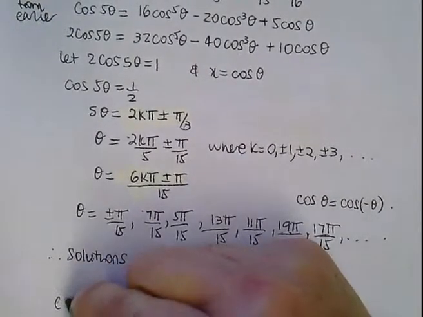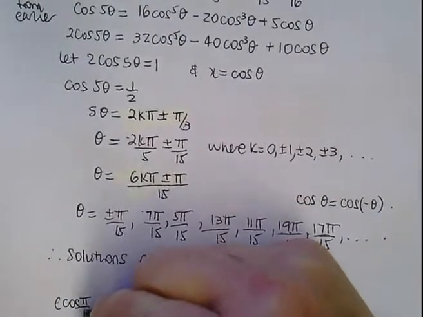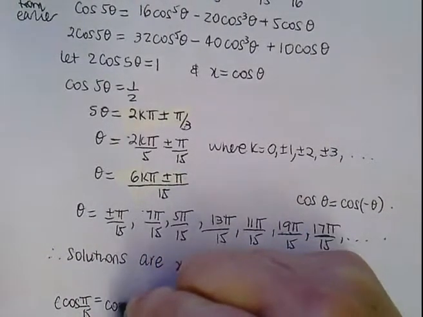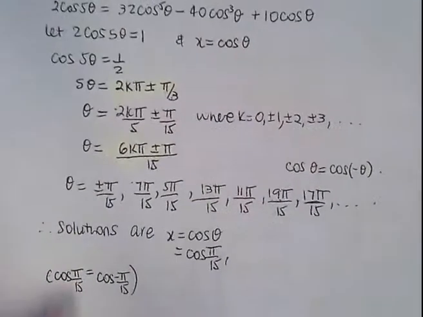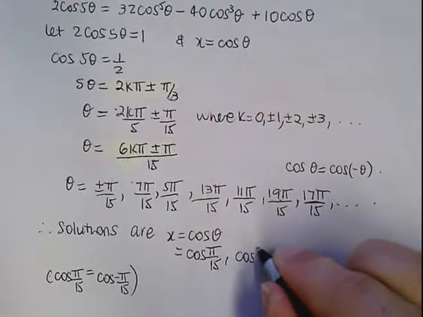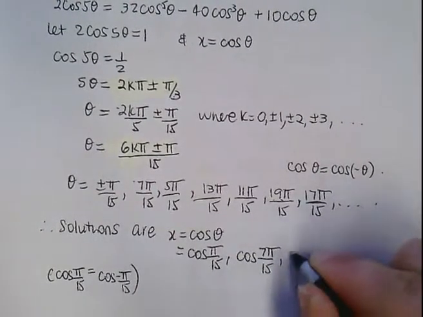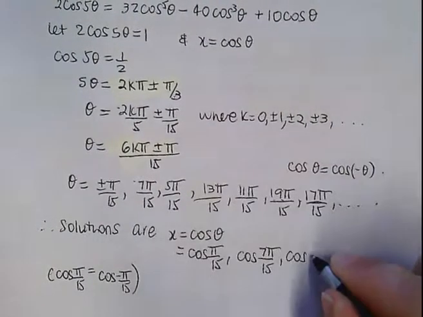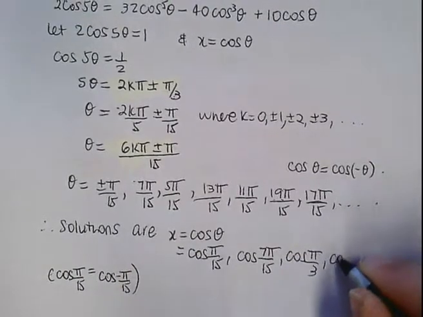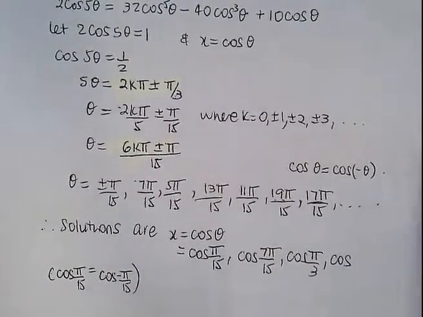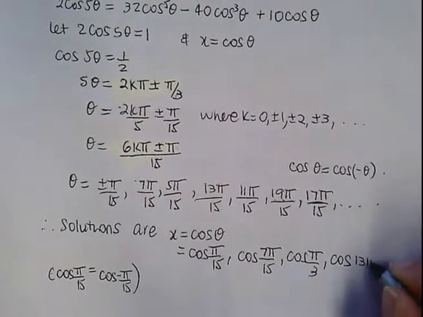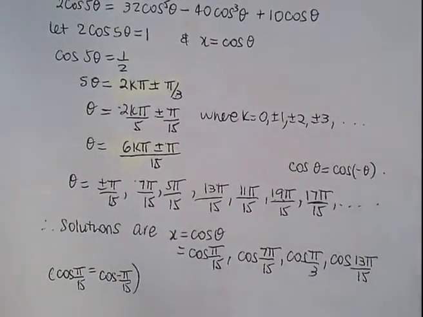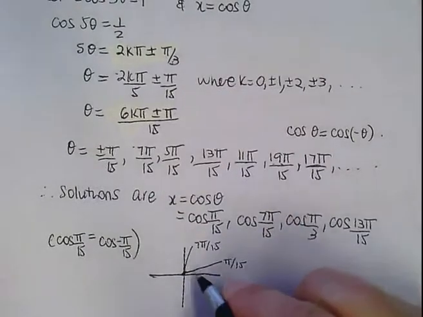I'll just put that down here, that the cos of pi on 15 equals the cos of negative pi on 15, so we don't need to include both those. We've got the cos of 7 pi on 15, the cos, this will be cos of pi on 3, the cos of 13 pi on 15. So let's just have a look where these all are.